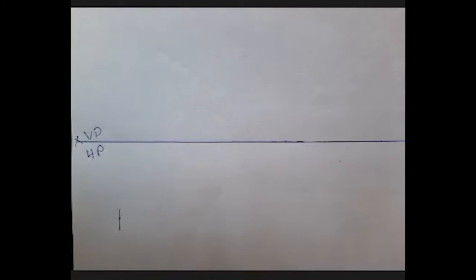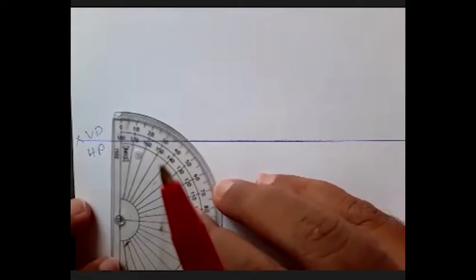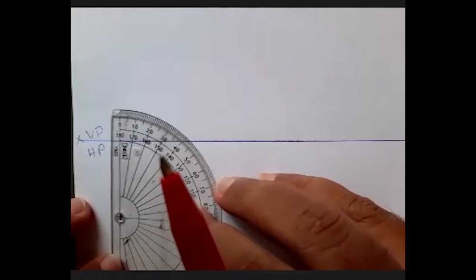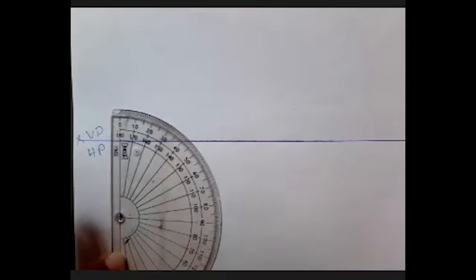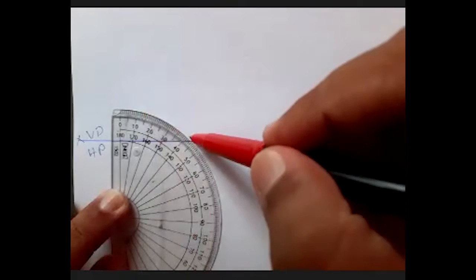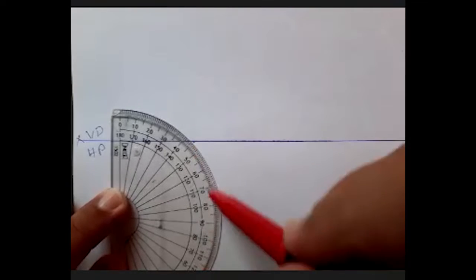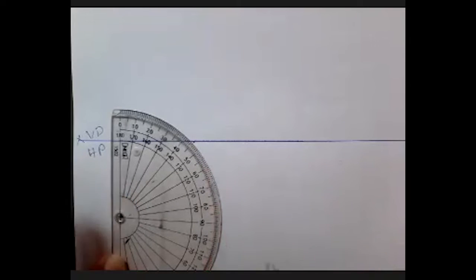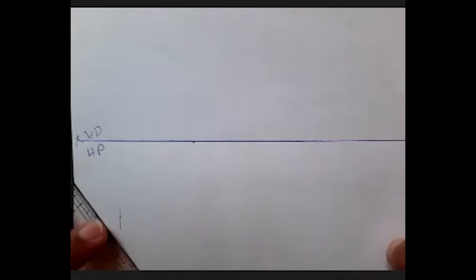In our sketchbook we will be getting it directly, but here I have to make sure I'm drawing it correctly. In this case it will be 45 degrees from here as well as 45 degrees from here. So in between I get 90 degrees. So I'll start drawing it.